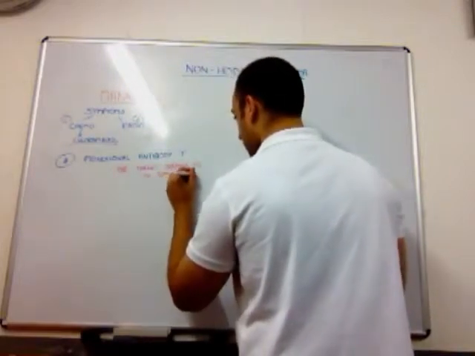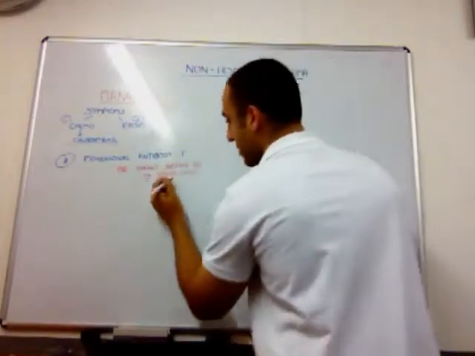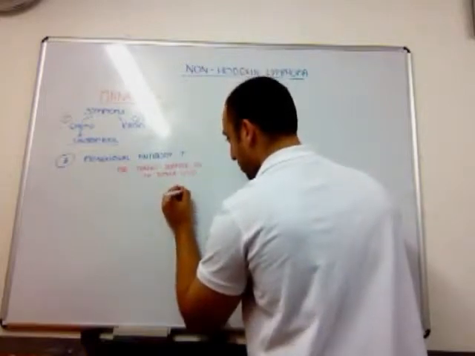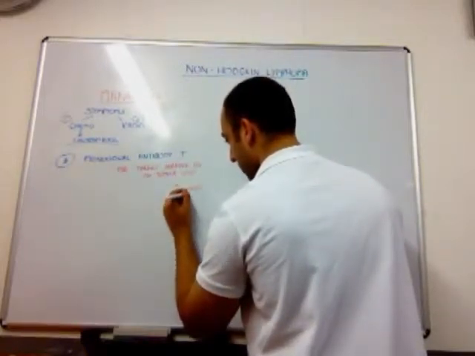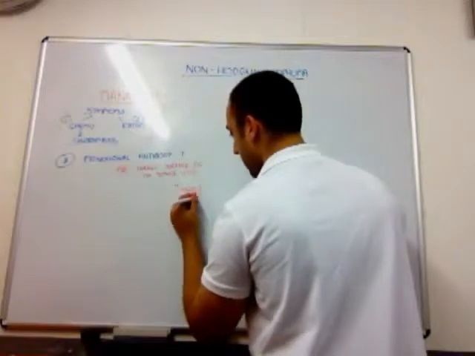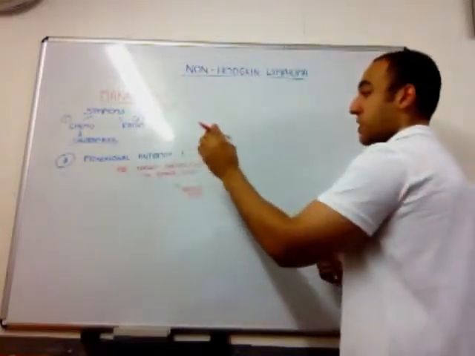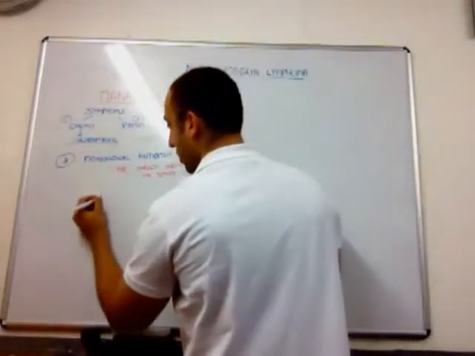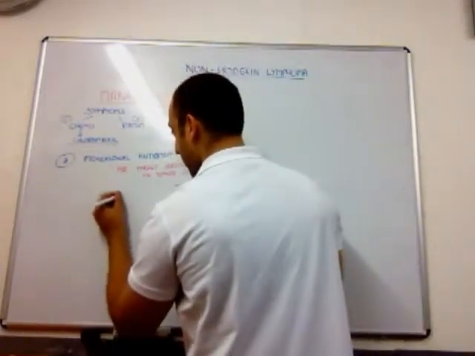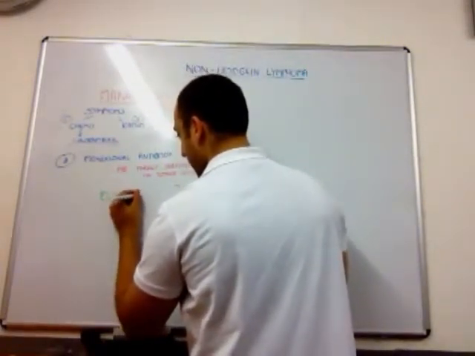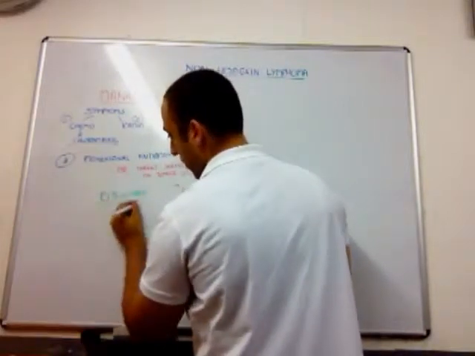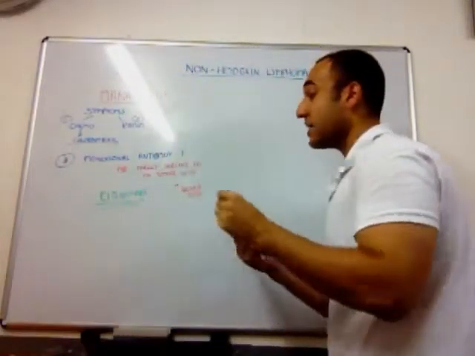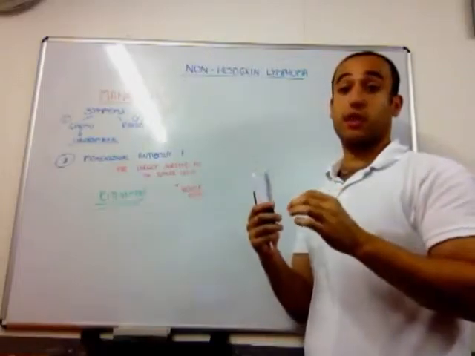When this happens, what we want to do is induce apoptosis. This is going to be the effect of this monoclonal antibody therapy, and we said we have this drug rituximab, with an X, and this is an anti-CD20 antibody.